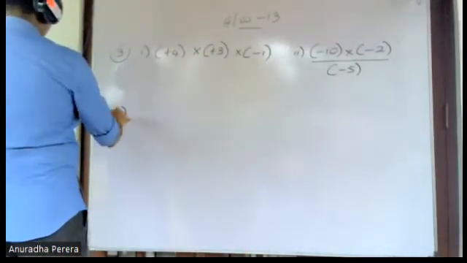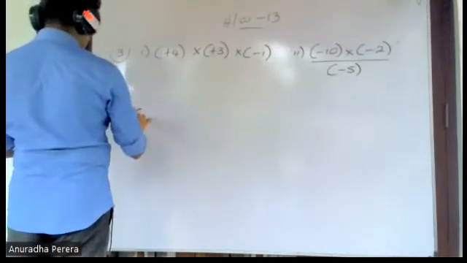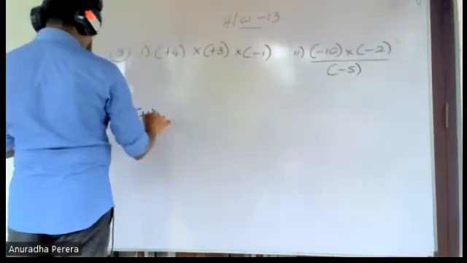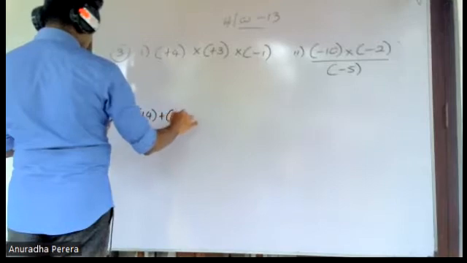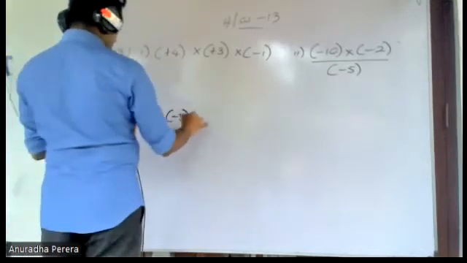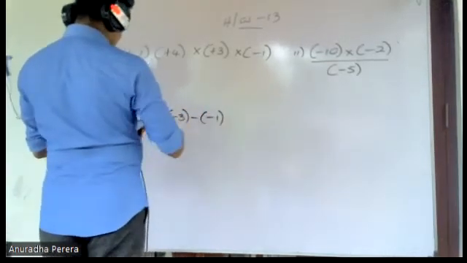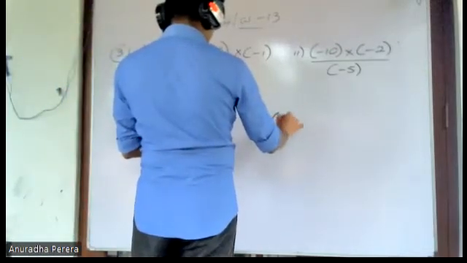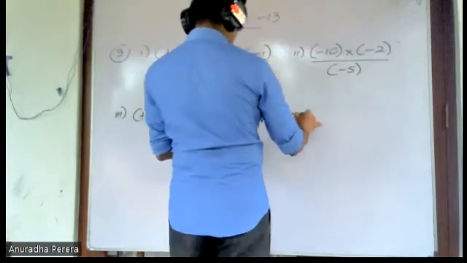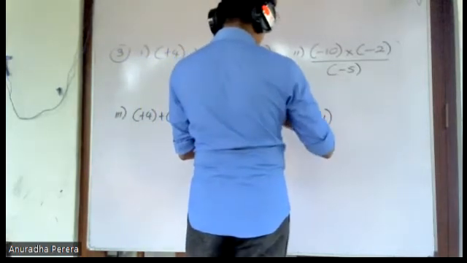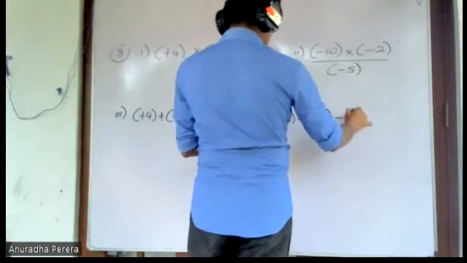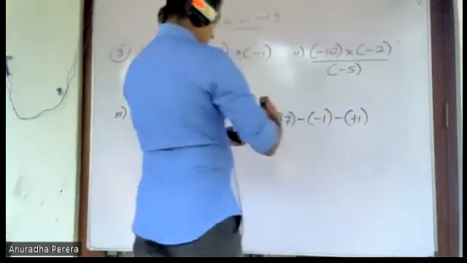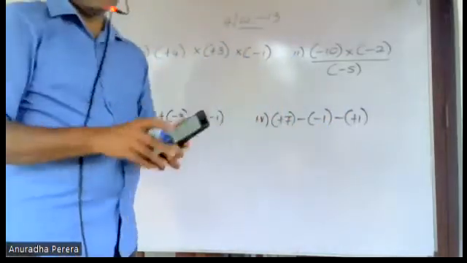Third one: plus 4 plus minus 3 minus 1. Fourth one: plus 7 minus 1 minus plus 1. Right. There are 4 questions.